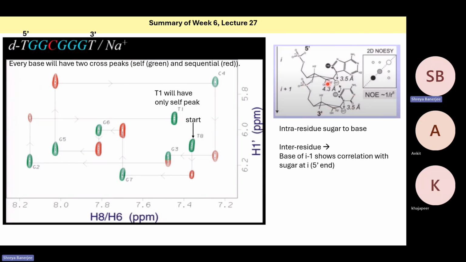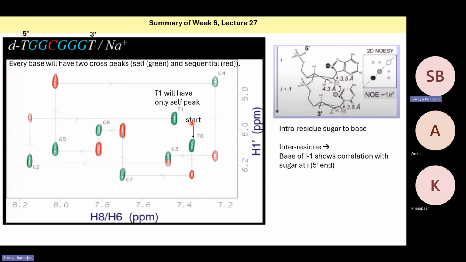So imagine this i plus first residue. This nitrogenous base has two cross peaks, one with the H1 prime sugar of the same residue, one with the H1 prime sugar of the previous residue. So there is one self peak, which is shown in green, and one sequential peak or cross peak shown in red.